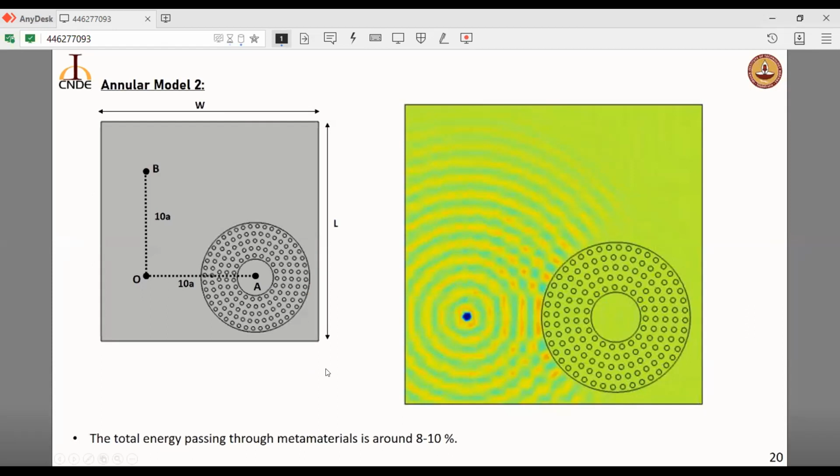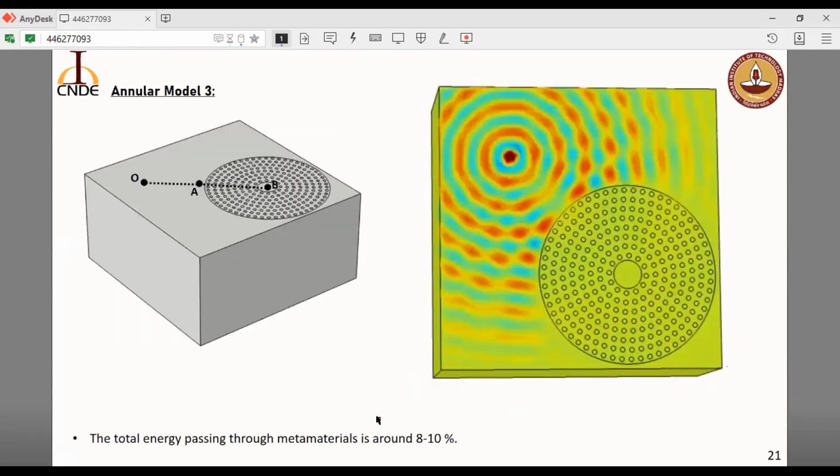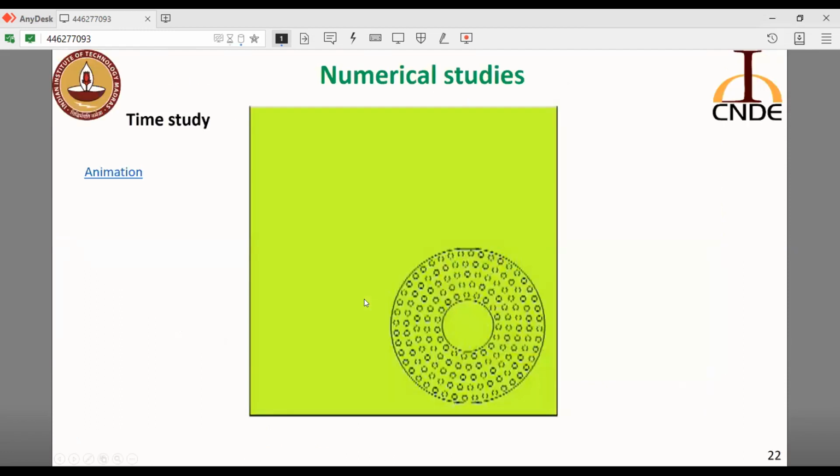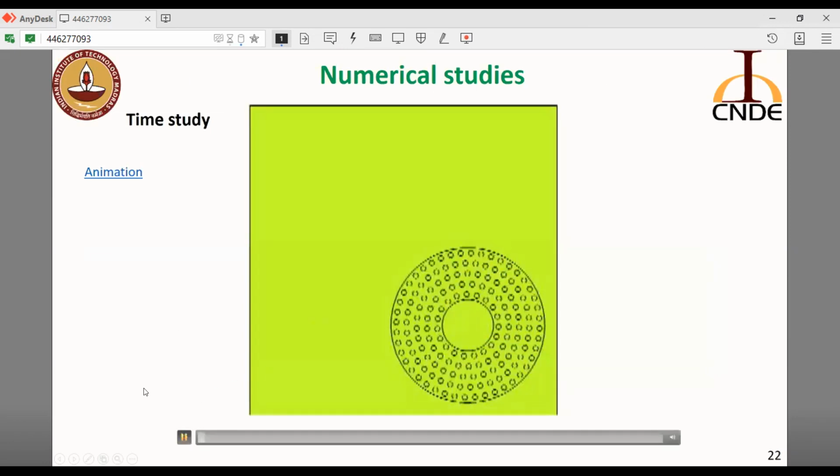When I increased the number of resonators, the total reduction was around 90%. So I further increased the number of resonators, but the result was almost constant. I'll play the animation for a better understanding of how it is attenuating.